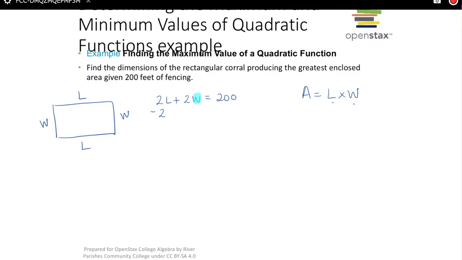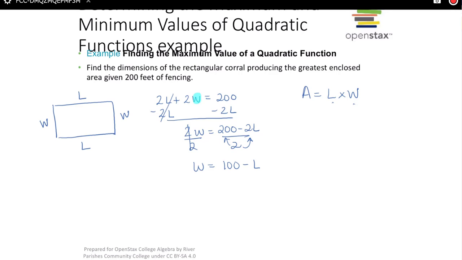So if I want W by itself, I would subtract 2L from both sides, and I would get 2W is equal to 200 minus 2L, or negative 2L plus 200, and then I would divide everything by 2. So W equals 100 minus L, because I'm dividing 2 into 200, and I'm dividing 2 into 2L.